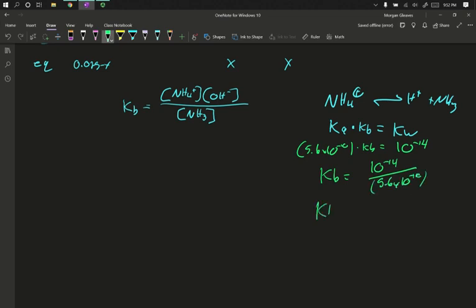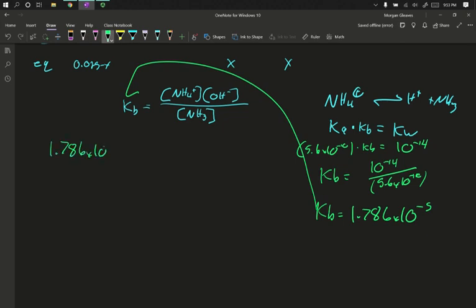We'll find that the Kb is 1.786 times 10 to the minus 5. We can plug that in to the expression for our equilibrium reaction. And so 1.786 times 10 to the minus 5 must equal the ammonium, the hydroxide, over the ammonia.